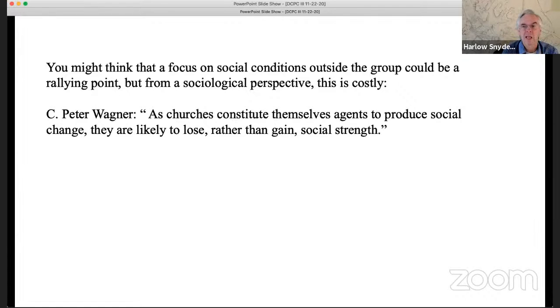One thing, Charlie, I'll throw this out again. I don't want to keep talking, but to your point, what are the resources of the New Testament for thinking about this?